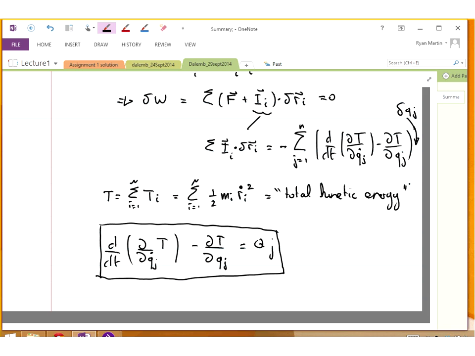And then we also compared by inspection this boxed equation and noted that it looked awfully similar to what you get from the Euler-Lagrange equation when you try to find the stationary value of some function. Okay? So any questions about that?